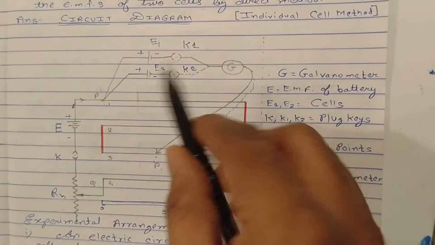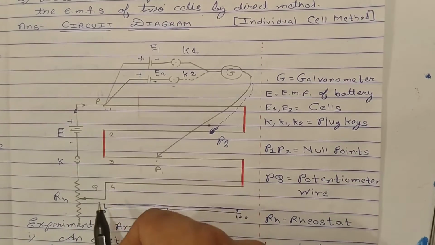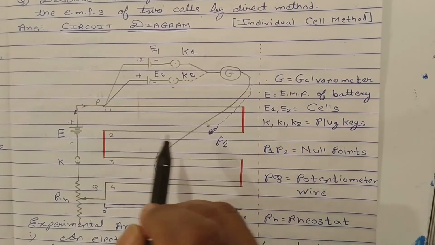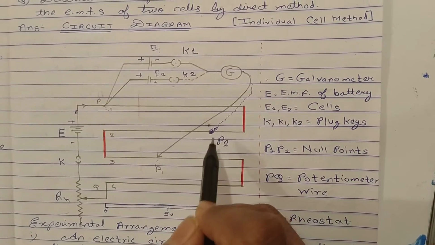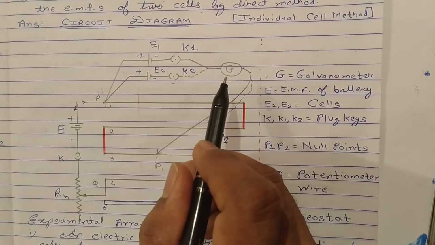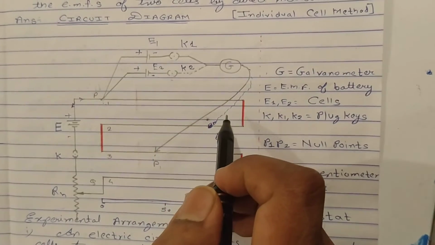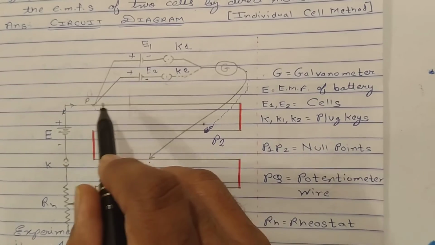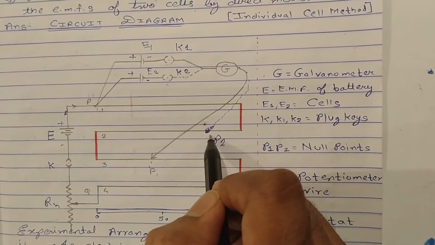Once you get extreme left and extreme right deflection, start tapping jockey on the wire PQ till you get point P2. Point P2 is that point where galvanometer will show zero deflection, means current flowing through the galvanometer is what? Zero. Therefore E2 is equal to voltage between point P and P2.